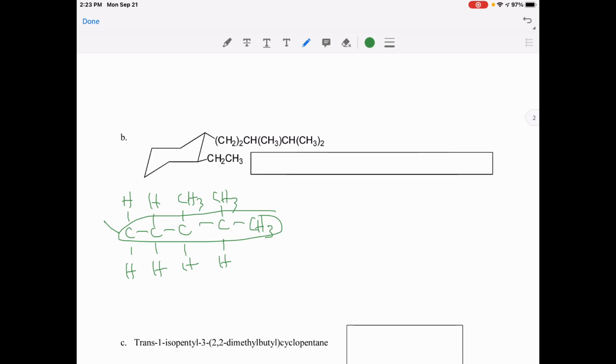Once we have this chain down, we can see that it has 5 carbons, which is less than the length of the cyclohexane ring, which has 6 carbons. So we can say with certainty that the parent in this case is the cyclohexane ring.